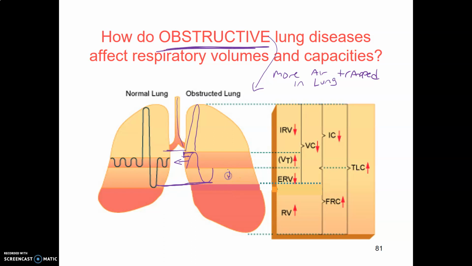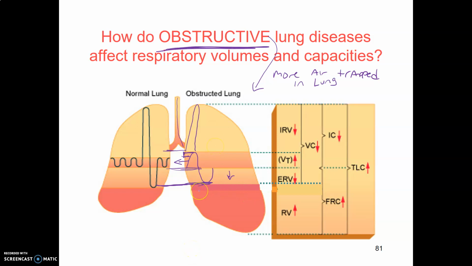So this is also decreased. And why is that decreased? Well, again, we'll have to look at the big entire lung and try and figure that out. It doesn't have anything to do with your tidal volume, because the base of your tidal volume is the same. So your tidal volume affected your IRV.